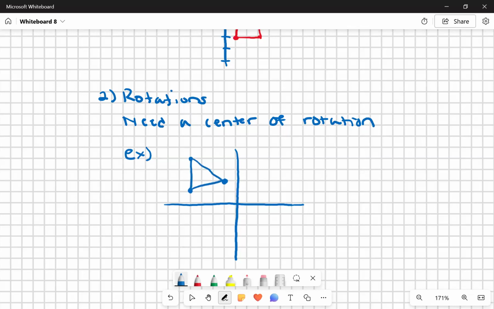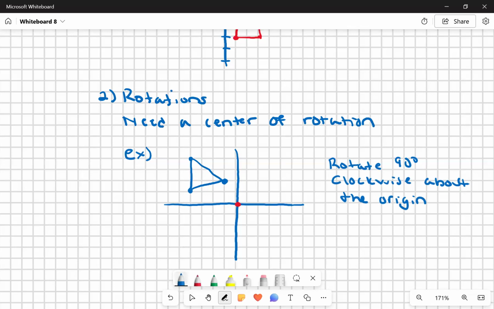And here's what I'd like to do. I want to rotate 90 degrees clockwise about the origin. So my rotation is right there. The origin is going to serve as my center of rotation.